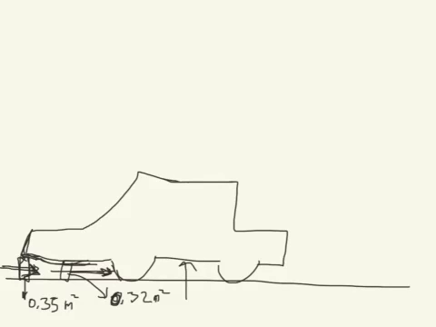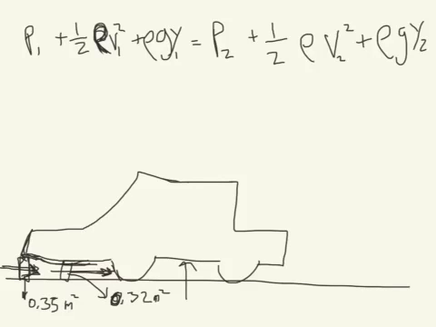Let's figure out the actual pressure under the car. And for that we can use Bernoulli's equation, which can be written like this. Oh boy, that's a big equation. So what this is saying is the left hand side is describing the first situation of the air before it gets under the car.